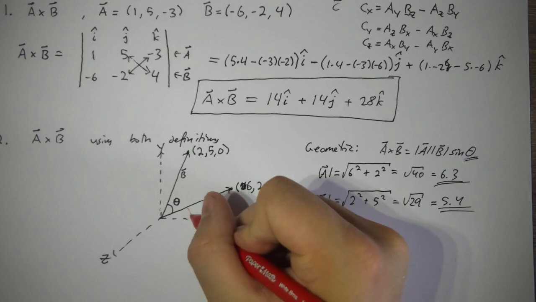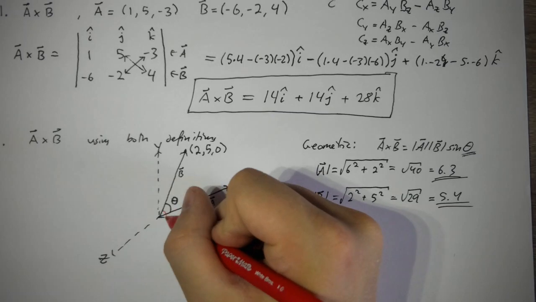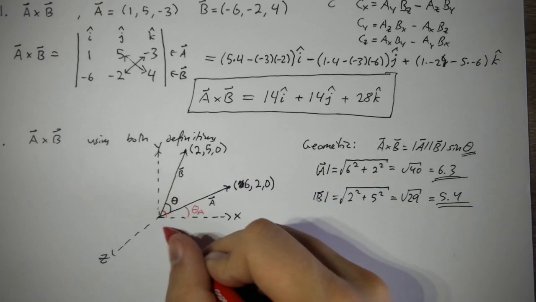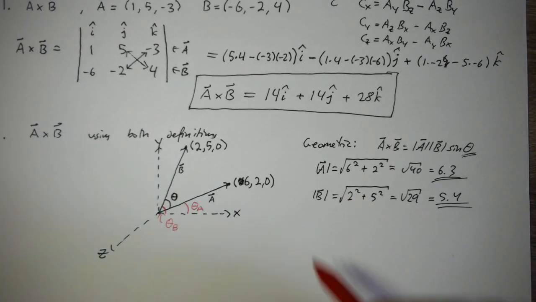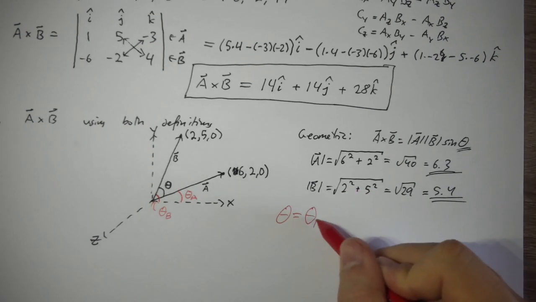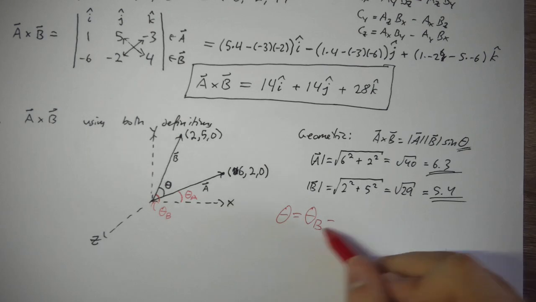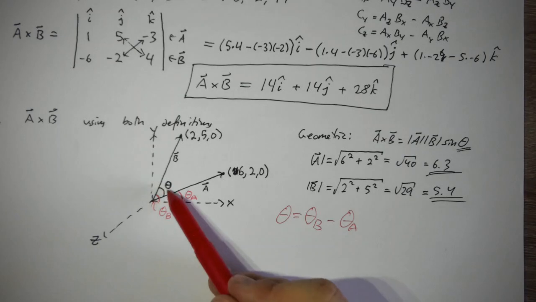If we have this angle, I'll call that theta A. This angle here will be theta B. And we can simply find theta by taking the subtraction of theta B and theta A. That'll give us what's in the middle here.